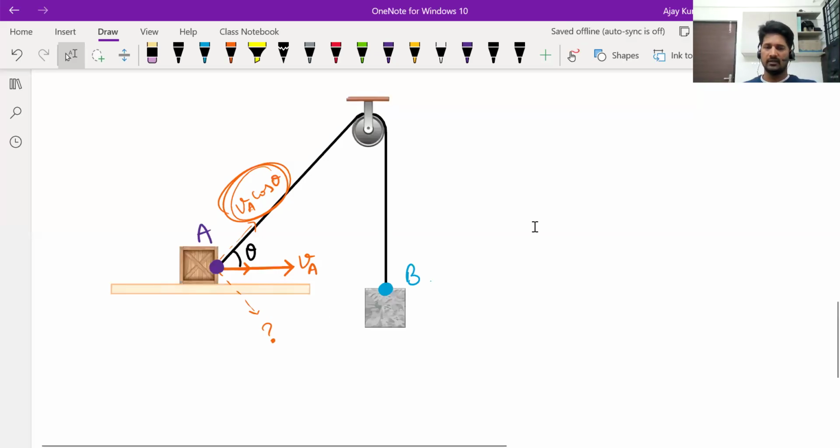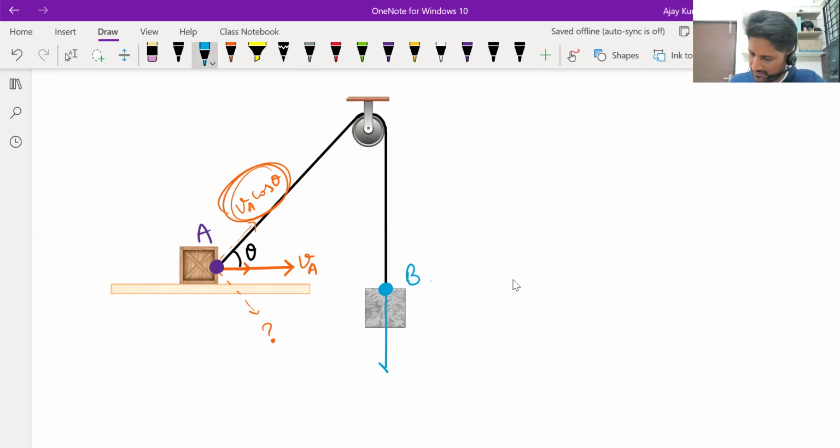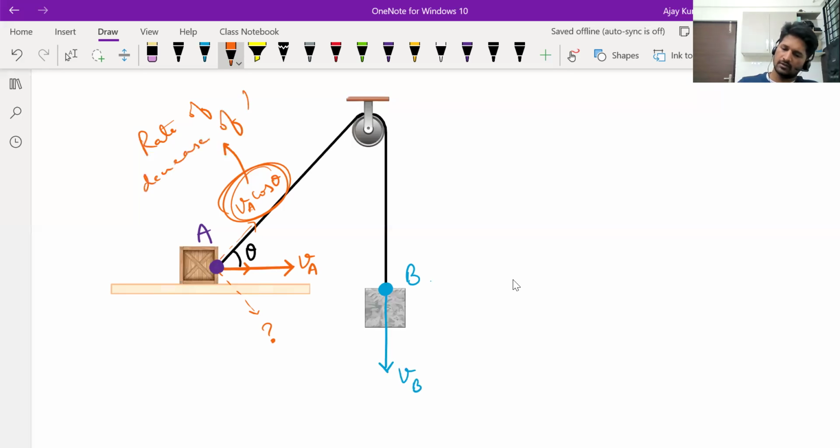String's actual velocity is VA. We split it into two components, one along the length of the string and one perpendicular to the length of the string. The component along the length of the string is what makes it shorter on that side. And the other end, the string's velocity is in this direction itself. This is the velocity of B. VA cos theta is the rate of decrease of length on one side of the string.